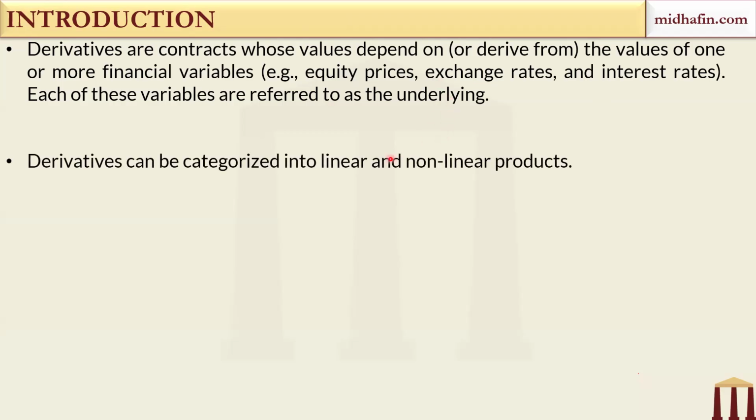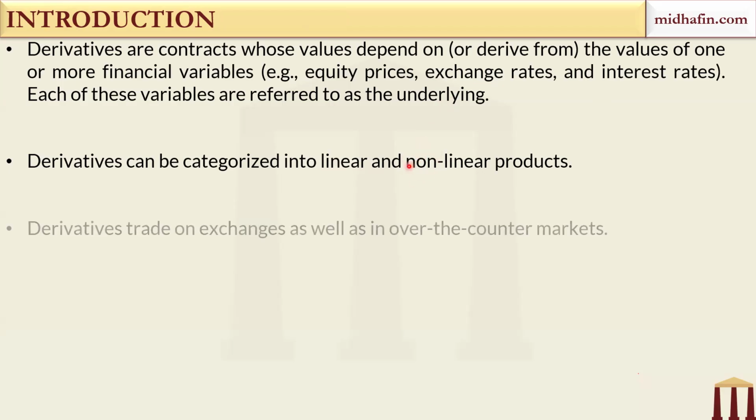Now, derivatives can be categorized into two types: linear products and non-linear products. And they can be traded on two types of platforms: exchanges and over-the-counter markets. Exchanges are basically organized markets, and over-the-counter markets are markets where trades occur directly between the parties.